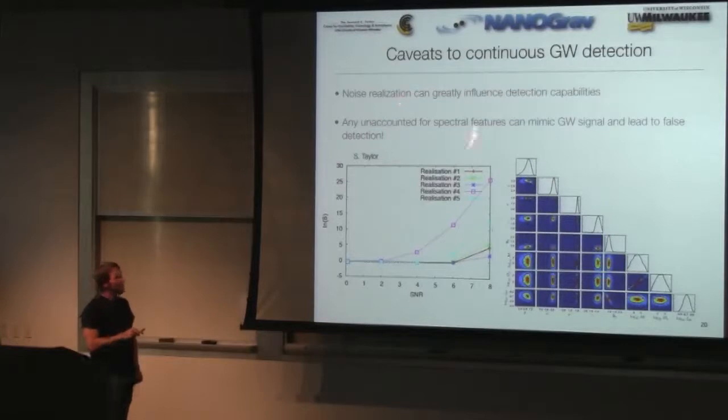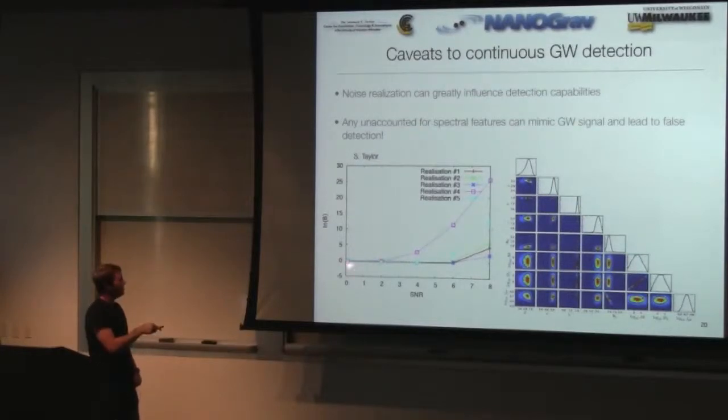So just some caveats to this, some bad things that can happen. One is that you're very, very dependent on your noise realization. So here we've done some simulations with the exact same gravitational wave injection with the same random number seed. So for each of these curves, the noise is exactly the same, it just has a different signal.